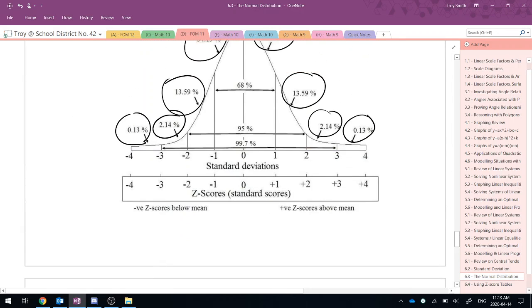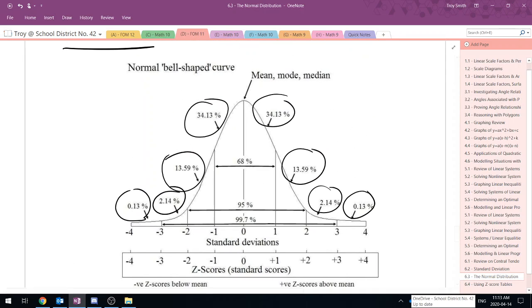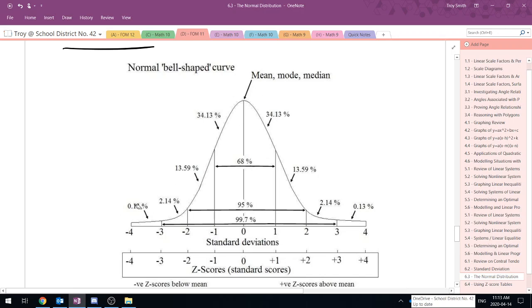Okay, so what we're going to talk about today is these percentages again, but we're going to be more specific, because these percentages that we're given, like this range, which gives us 68%, or this range, which gives us 95, or this one, which gives us 99.7, those are only ranges for whole number values of the z-score, right?